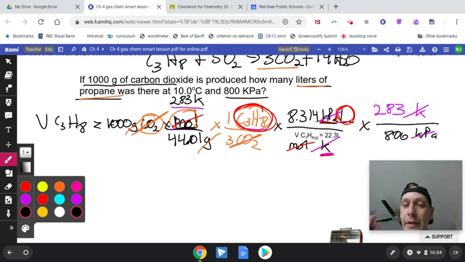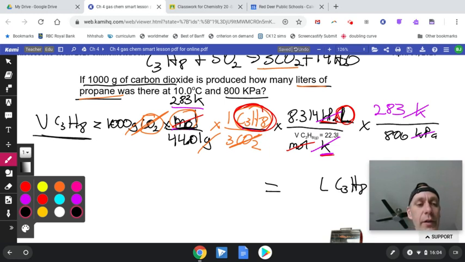Okay, what's left? Everything's canceled out except this liters and this propane. So when I get my final answer, it's going to represent liters of propane. And that's good because that's what we're looking for, volume of propane. So everything on the top multiplied, divided by everything on the bottom, and we get 22.276 liters.